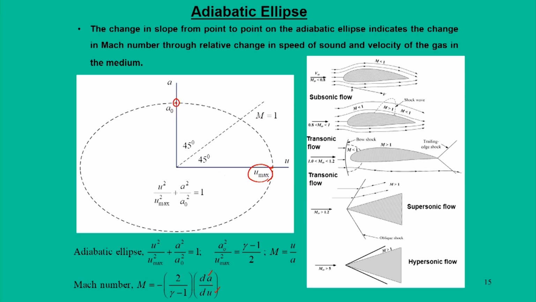Now, that dA by du can be correlated in terms of Mach number. So, if you are going along this direction, you can say that the Mach number at every point on this flow field changes. So, this is how the ellipse is represented.